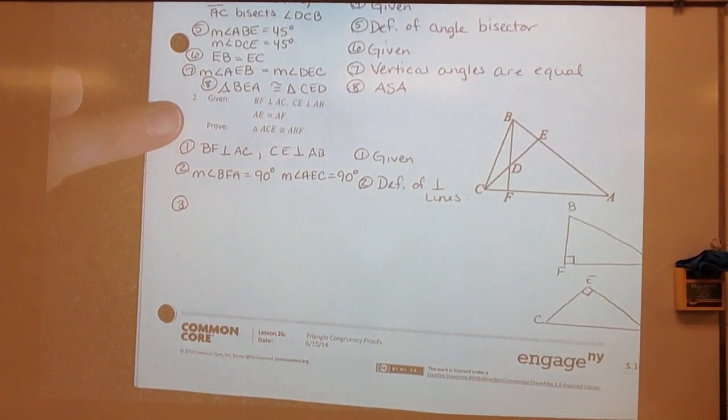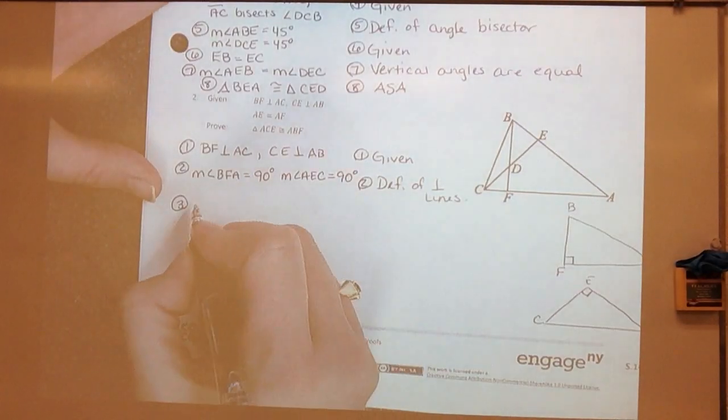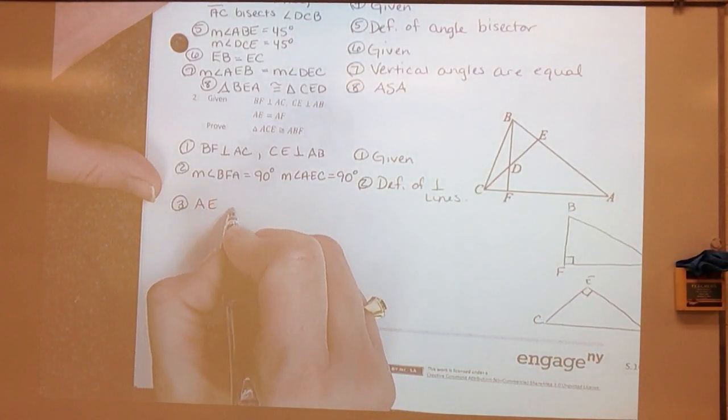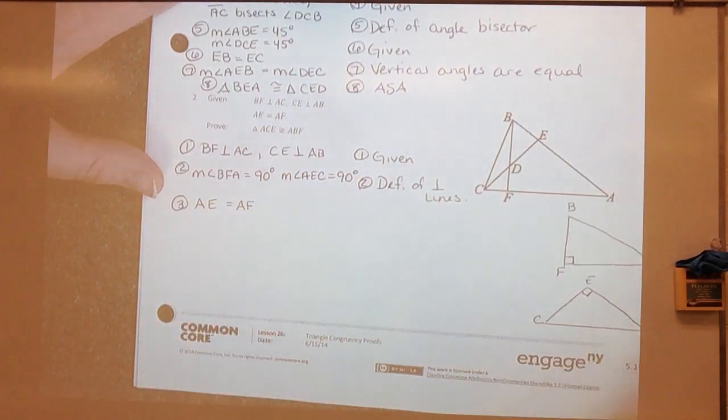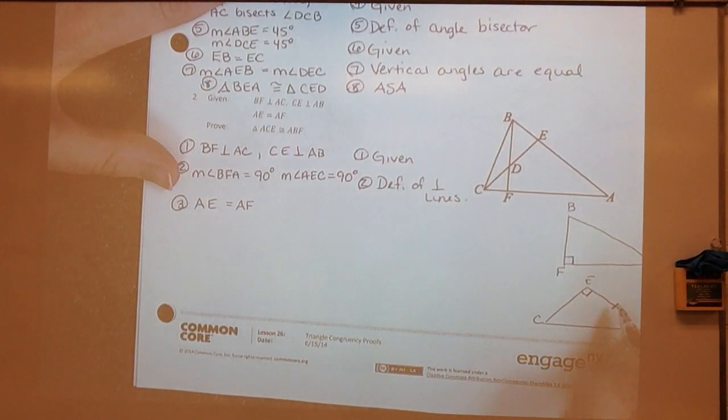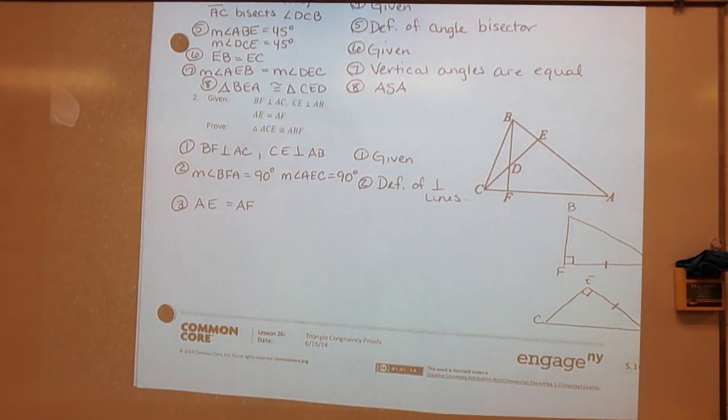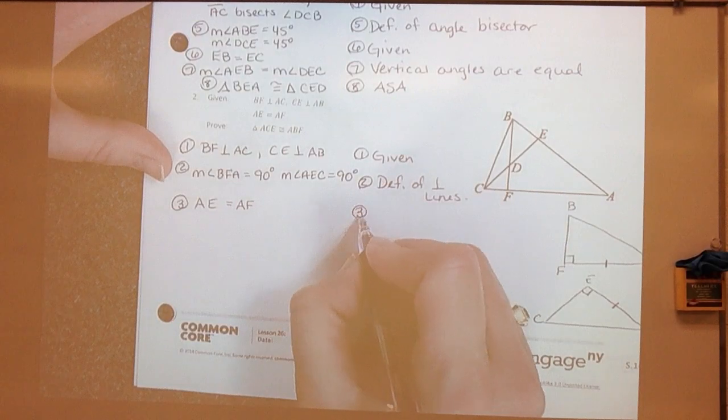Since we know that they are both 90 degrees, I don't necessarily have to worry about proving they are equal right now. We're just going to go on to our next given statement that AE is equal to AF. So AE is equal to AF. That is given.